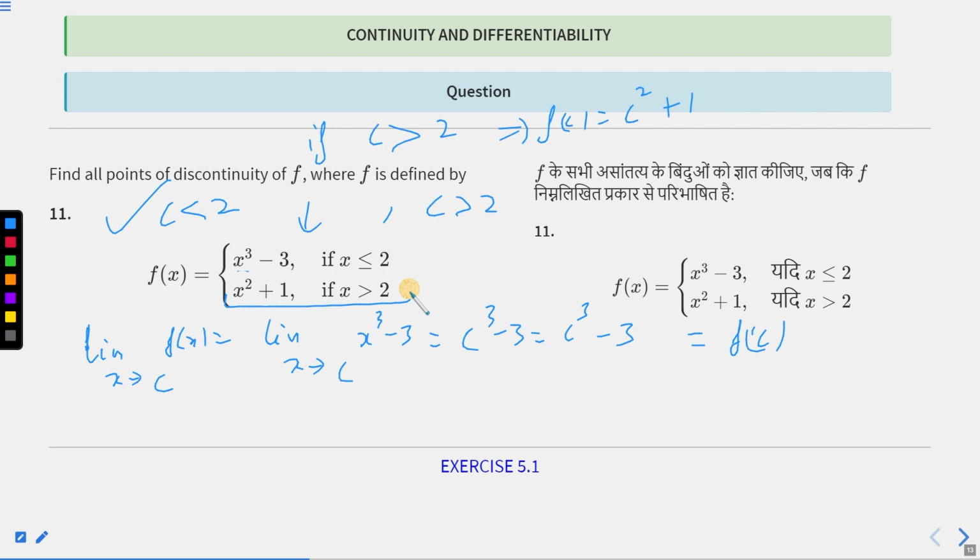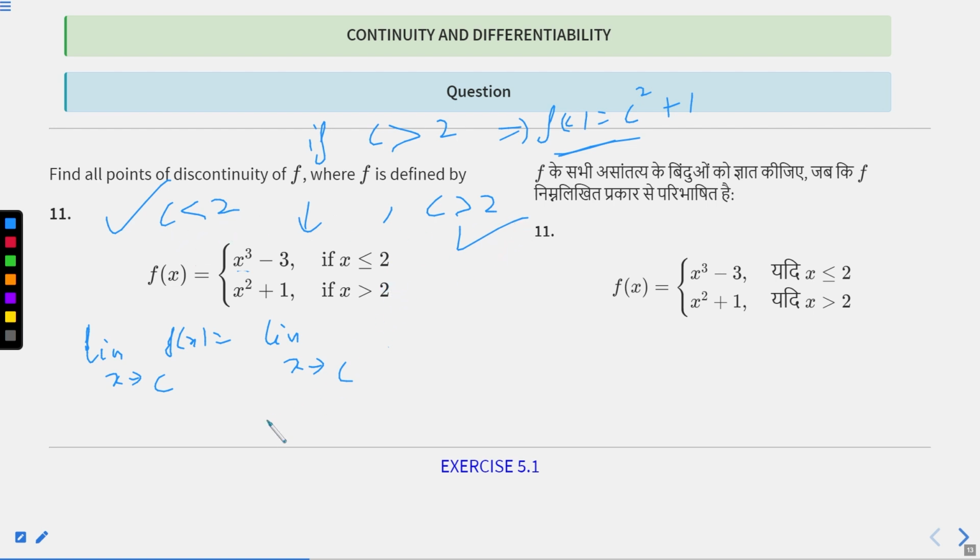I hope that it is clear. So the limit will be c square plus 1, and this is the same as f of c, so it is continuous at any point less than 2 and greater than 2.